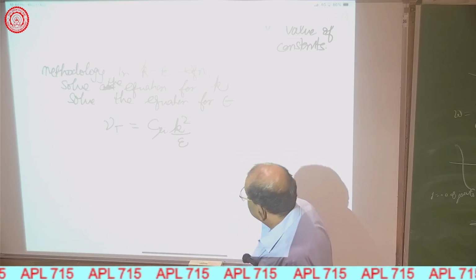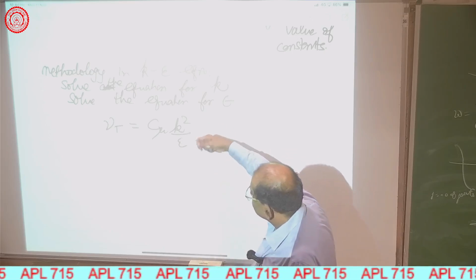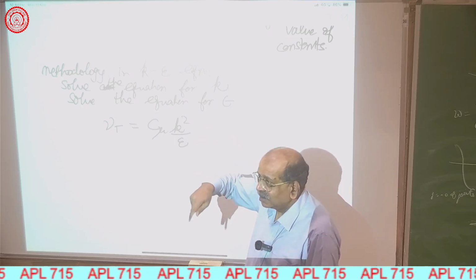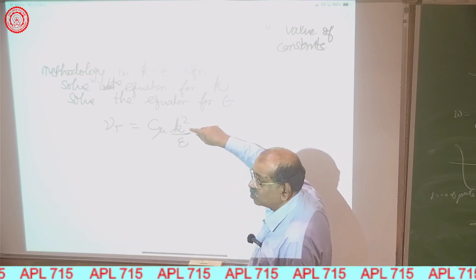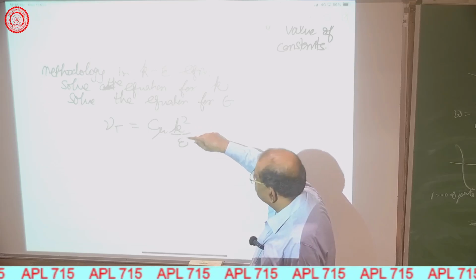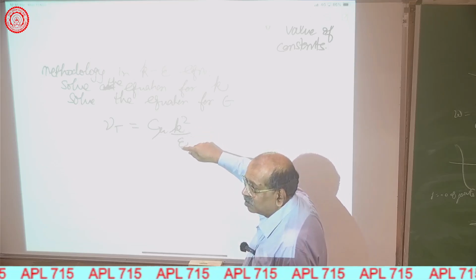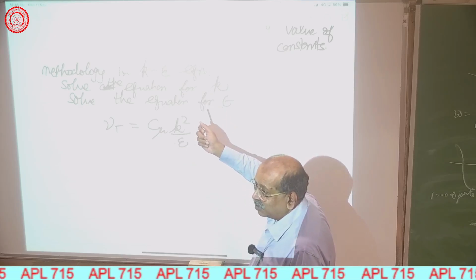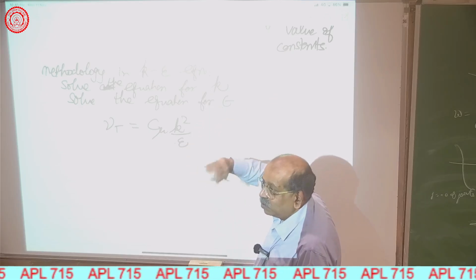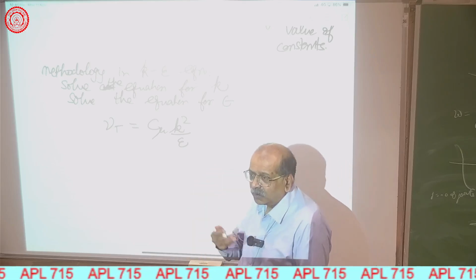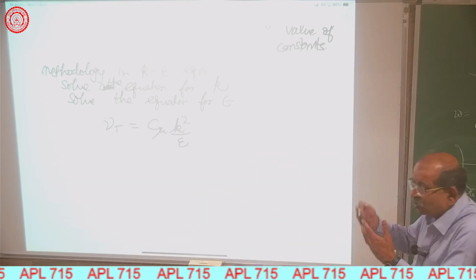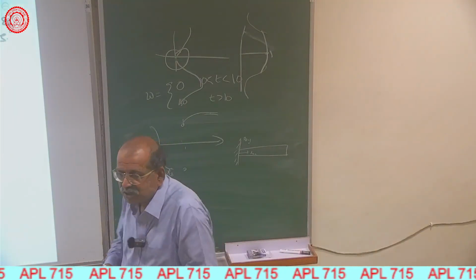Okay. Now, of course, certain things are coming, that if epsilon is going to 0, then k squared should also go to 0. Otherwise, nu t will blow up. So some of these things will have to be ensured when the model and equations are getting solved.